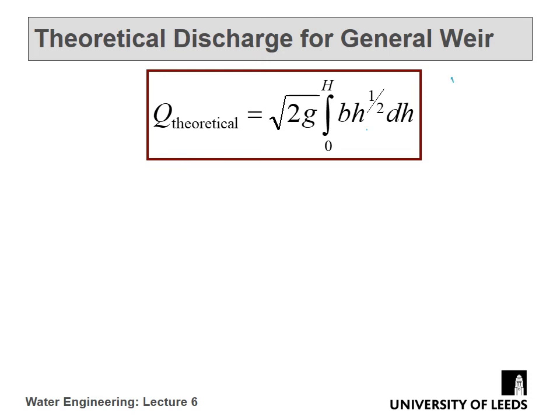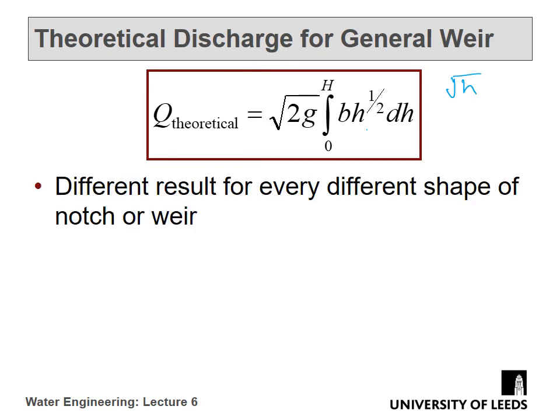Here's our root h, written as h to the half. What's different for every different channel or weir is that b, the width, will change.